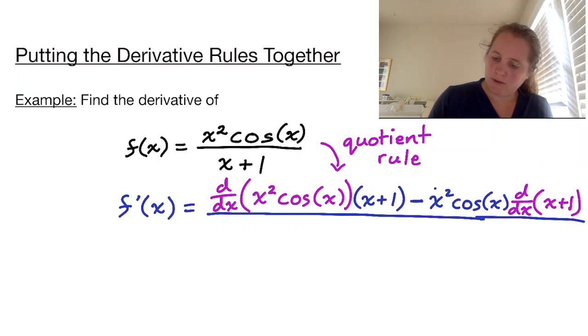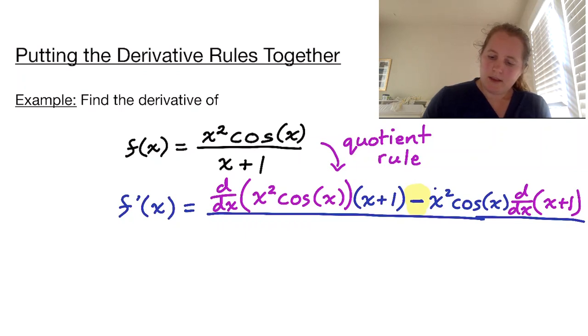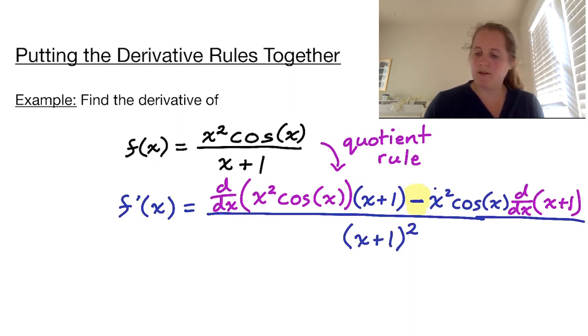Again, I just changed it to subtraction. The quotient rule, we always subtract. And then we are dividing by the second, x plus 1, that whole thing squared. I've left the things I still have to differentiate in purple.